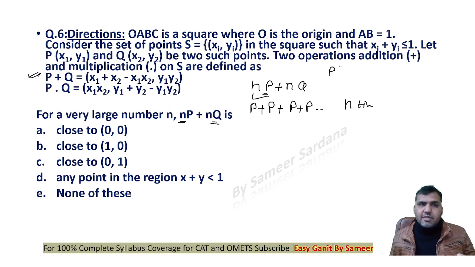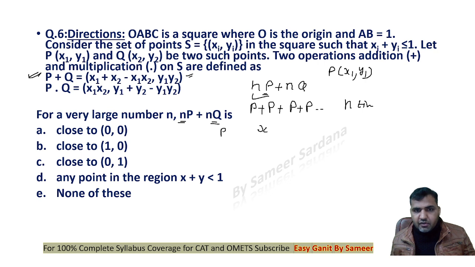Now let's say that P as a point is x1, y1. If P is supposed to be added for n number of times, what will happen? I need to apply the addition operation. So again, the same thing.